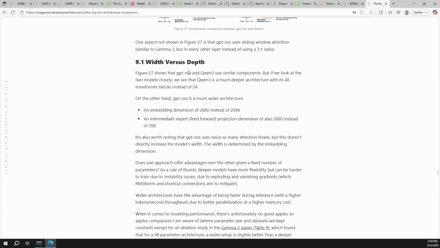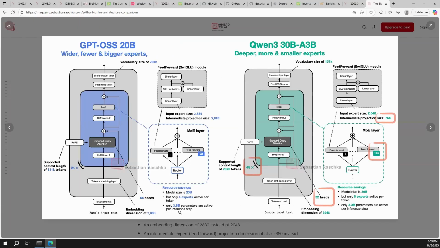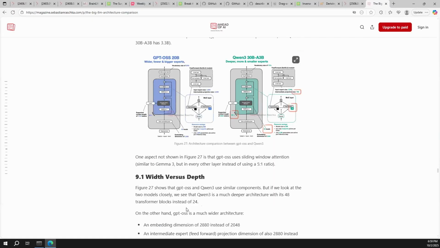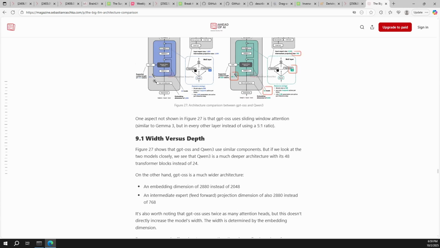Yeah, so Sebastian says, width versus depth. Okay. Oh, actually, here, so this at 2880 is actually wider than the Qwen 30 billion. So maybe 2800 is not that tiny. So he says it's actually a little bit wider than this small Qwen. But it's only 24 layers instead of 48.